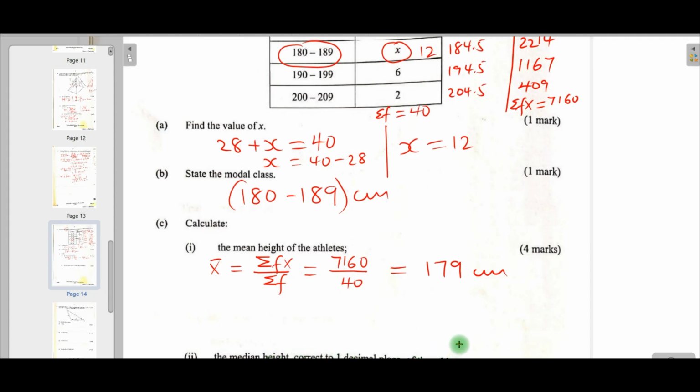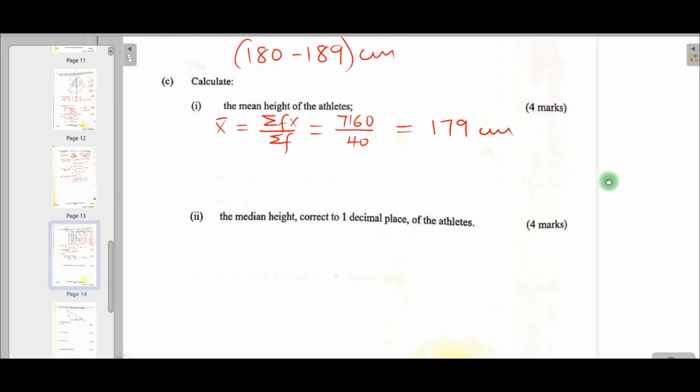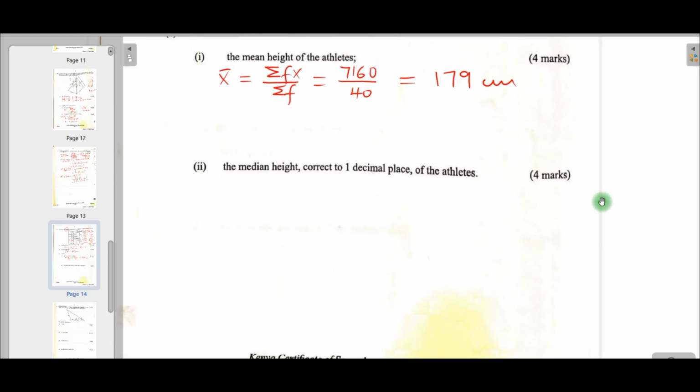Then the last part of it, we need also to determine the median height, correct to one decimal place. So for us to get the median height, one thing we need to do is to get the median position. The median position is given by a half of n, or n over 2. So there are 40 values, so the 20th position.